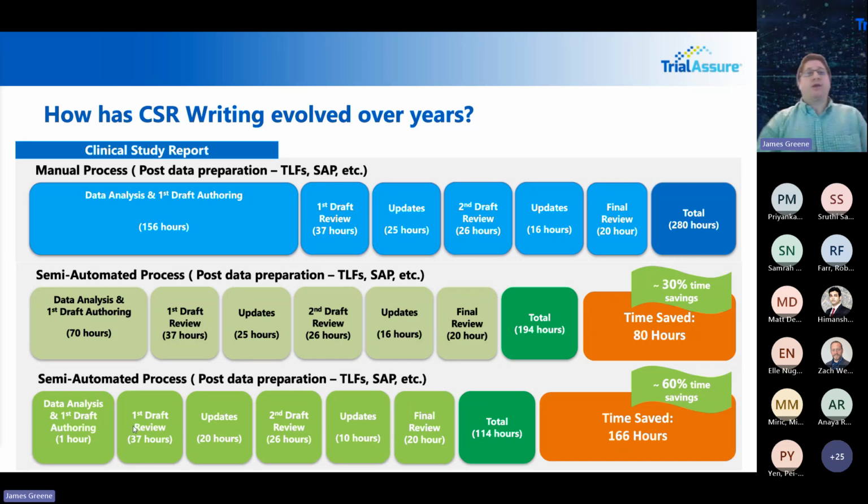But then we expect that teams will still take the same amount of time in the first review on the cross-functional team, because you want to make sure that you're doing all the QCs to ensure that the draft is accurate, and then do the updates from there. But we are seeing that the updates, second draft, and further updates are dramatically less in the semi-automated process.